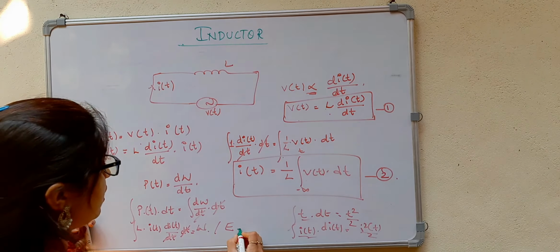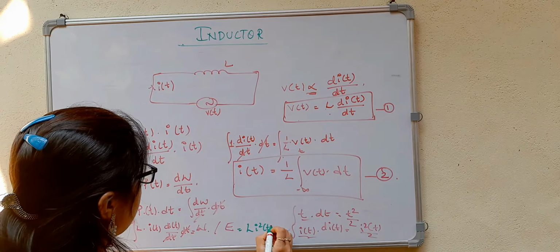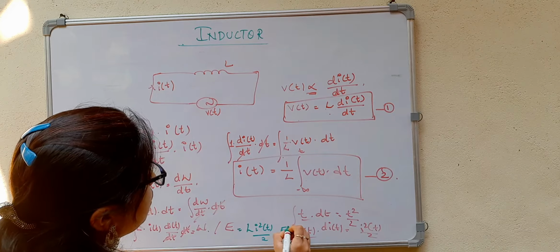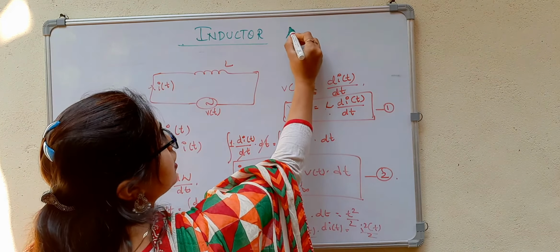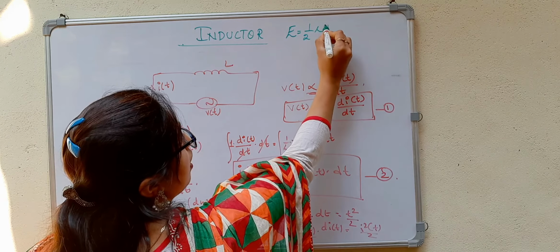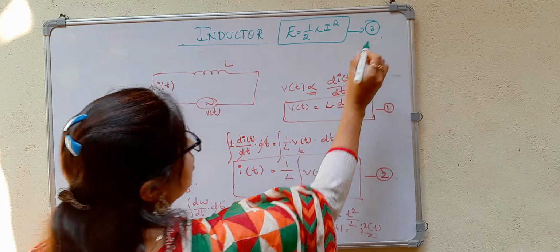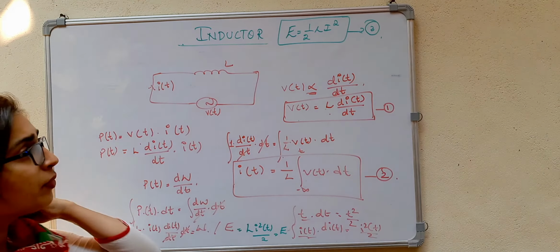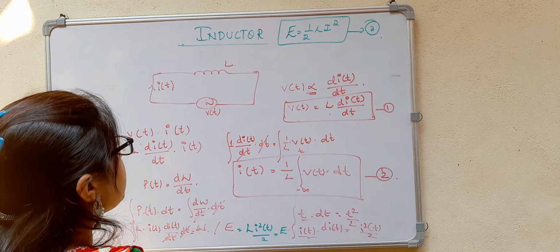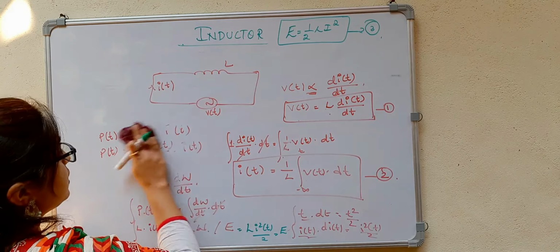So this can be written as L i square t divided by 2, which is equal to E. We can say the energy stored in the inductor is half L i square. This is also an important formula, the third one, which is very important.